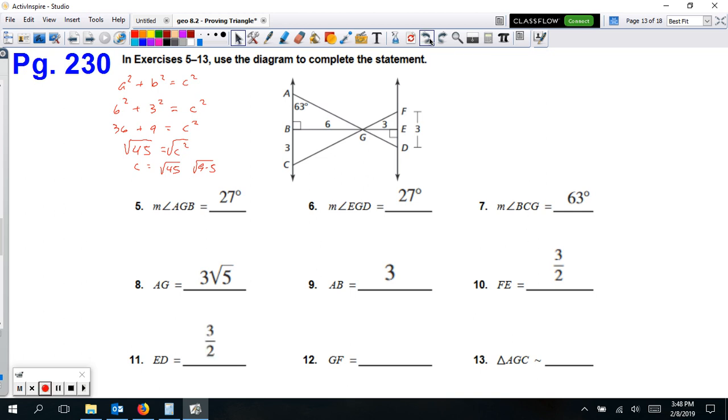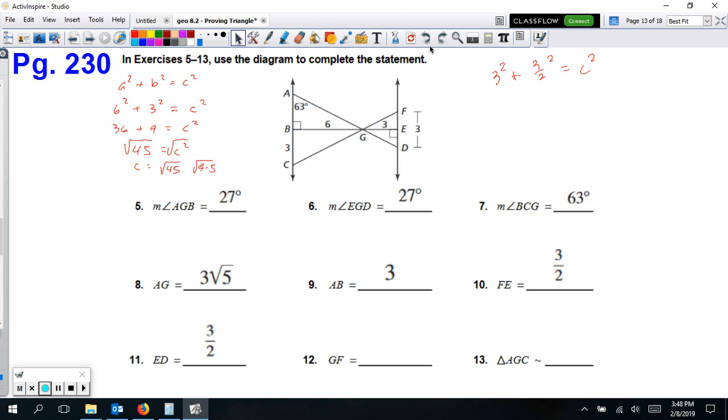For GF, this piece right here, we have to use the Pythagorean theorem again. If this is 3 and this is 1.5, that's what we'll use for A and B, and we'll find that C right there. So we have 3 squared plus 3 over 2 squared equals c squared. This will be 9, and this will be 9 over 4 when we square top and bottom.